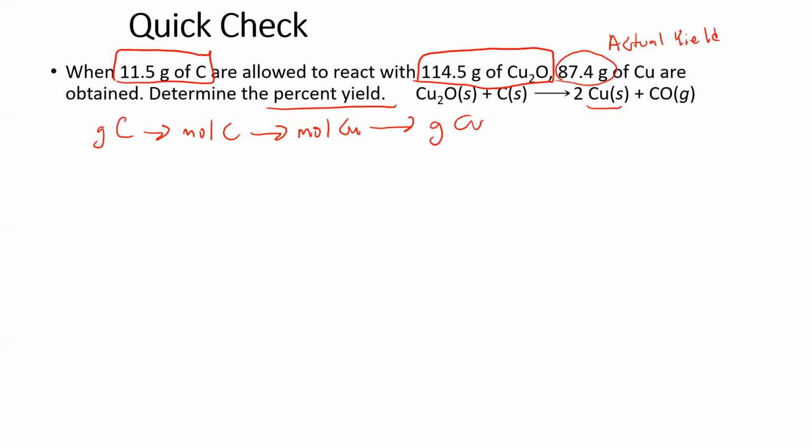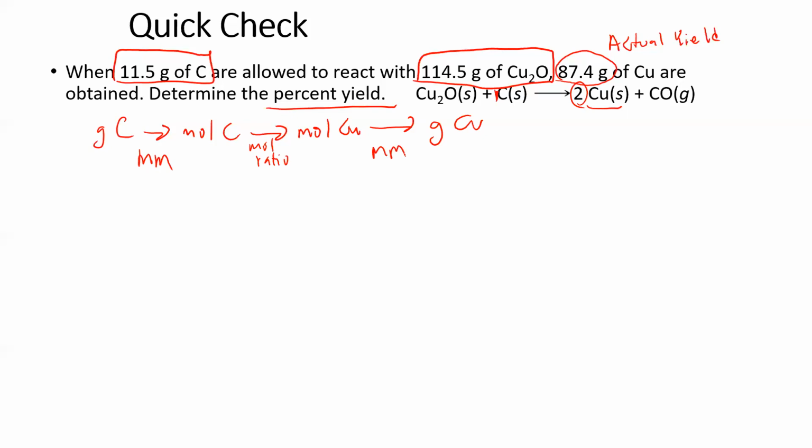And how can I go from grams to moles of carbon? I'm going to use my molar mass. And then from moles of carbon to moles of copper, I see in 1 mole of carbon, there's 2 moles of copper. So I use my mole ratio that I've been using the whole time. And then from moles of copper to grams, again, using molar mass, grams per mole.